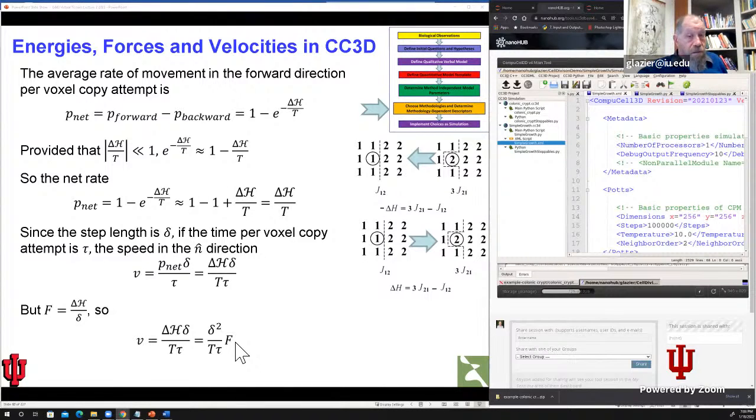And this gives me the physics that I want, because the velocity, the net velocity at which an object moves, is proportional to the force that's applied to it. The drag, which corresponds to mass in Newton's law, is given by the length scale of the lattice squared divided by the time scale divided by the fluctuation amplitude.